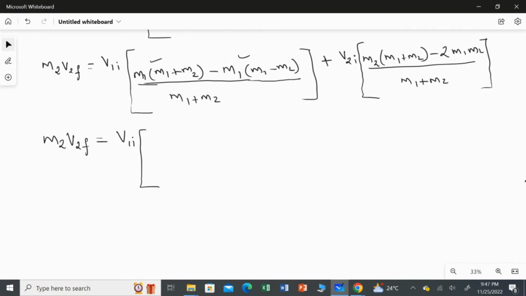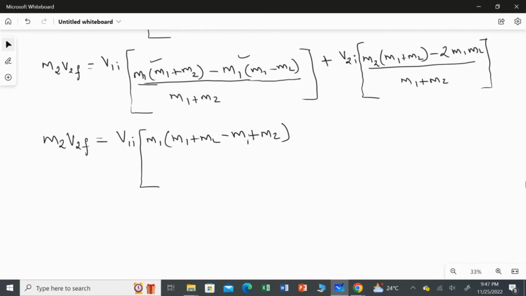Inside the bracket, I'm going to take M1 as a common term. By that what will happen? M1 plus M2, and this minus into plus becomes minus M1. This minus into minus becomes plus M2. Clear?